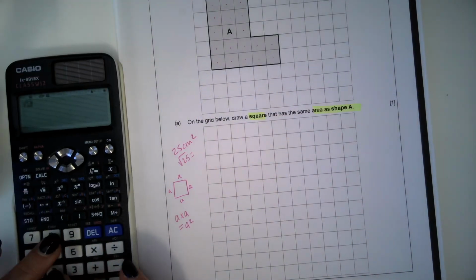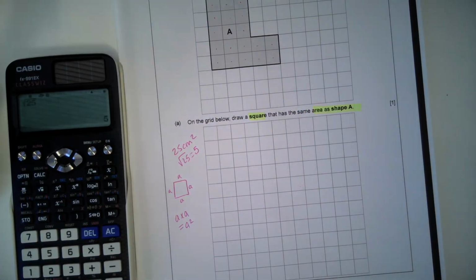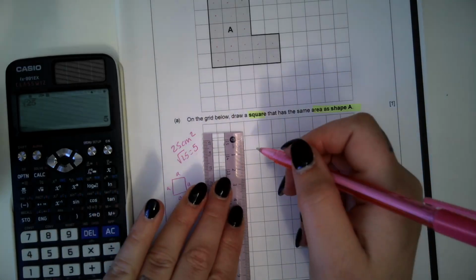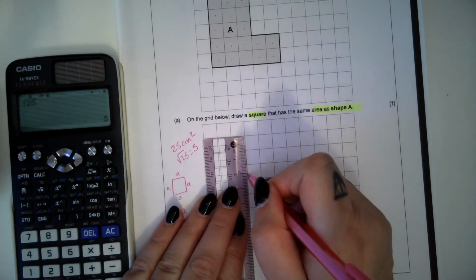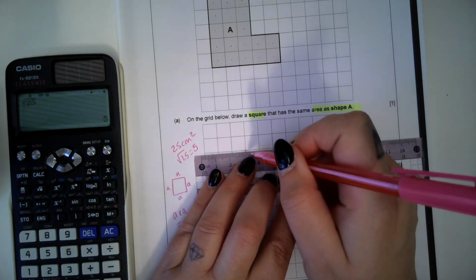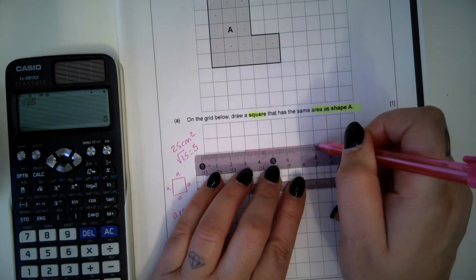Do that on your calculator if you don't know what it is. So the answer is 5. So the sides of my square need to be 5 centimetres. Now I'm going to draw this shape using a pen. I highly recommend you use a pencil in your exams, guys, just in case you make a mistake. So 3, 4, 5. 2, 3, 4, 5.